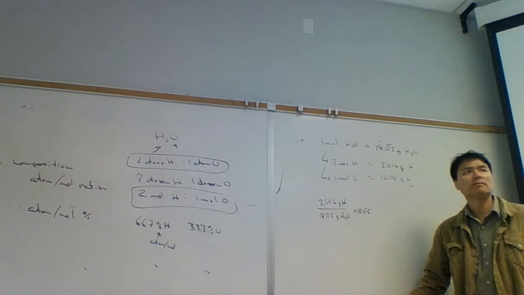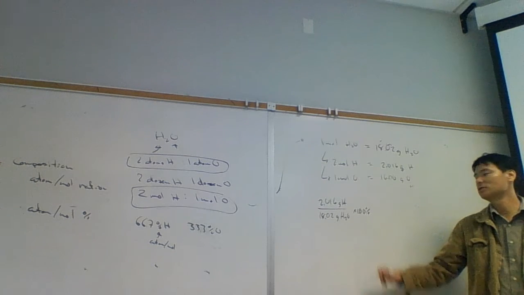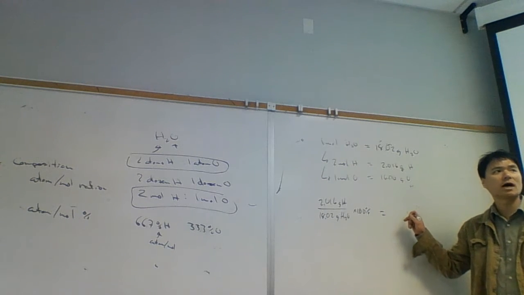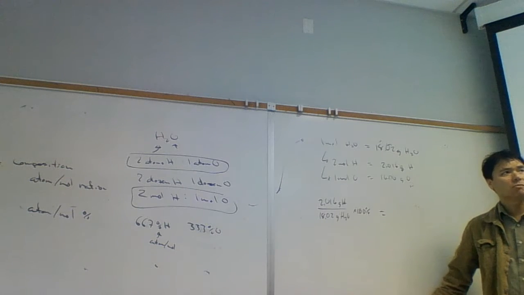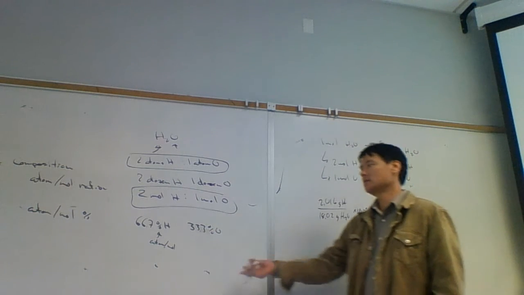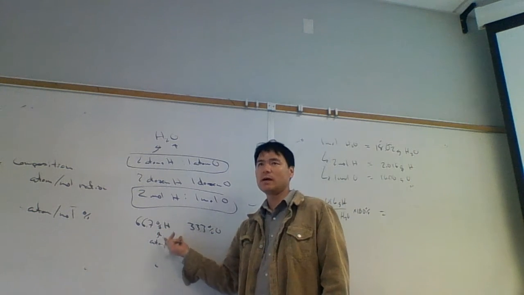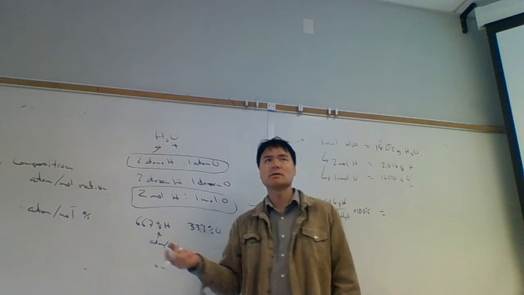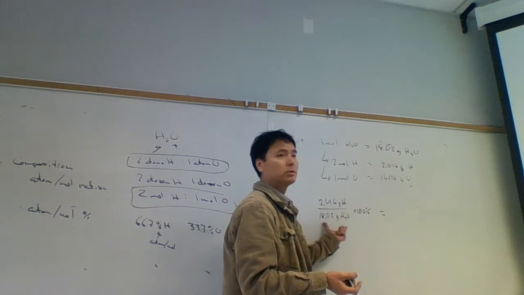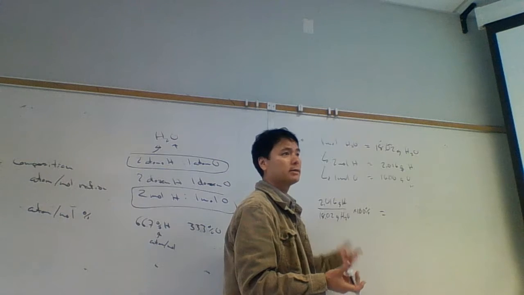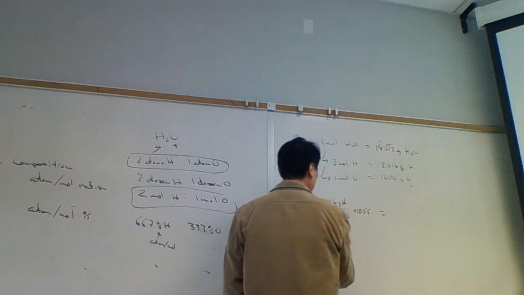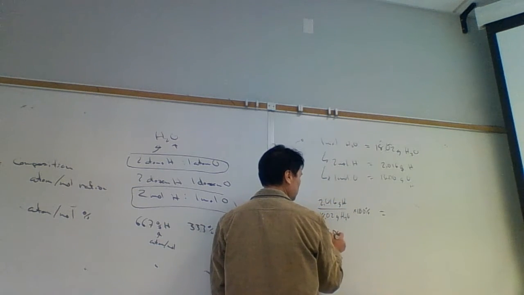This gives me the percent by mass hydrogen, which comes out to about 11% hydrogen. So even though water consists of 66.7% hydrogen by atom, it only consists of about 11% by mass. It's mostly oxygen, because oxygen weighs a lot more.